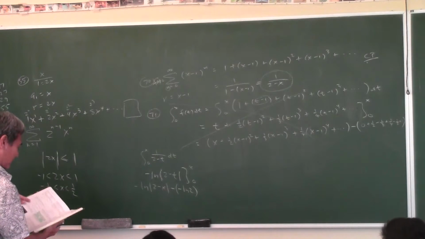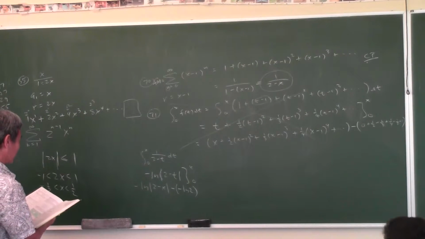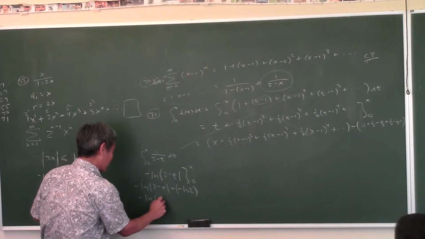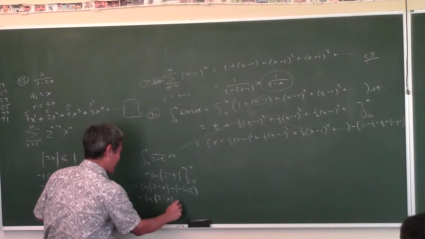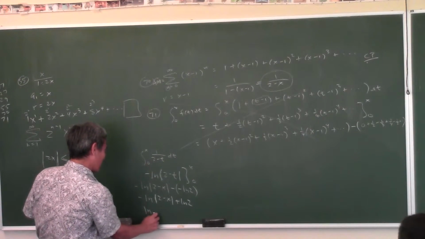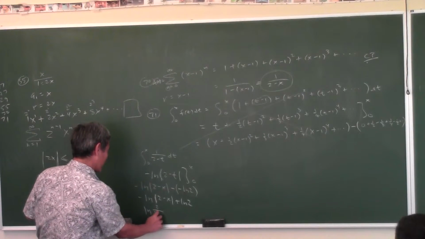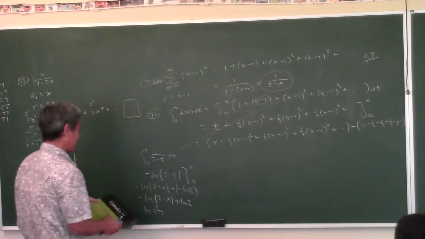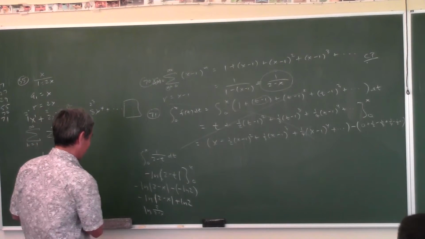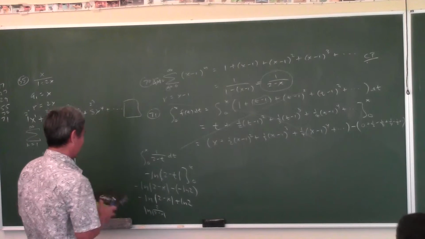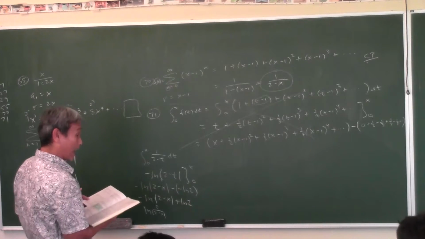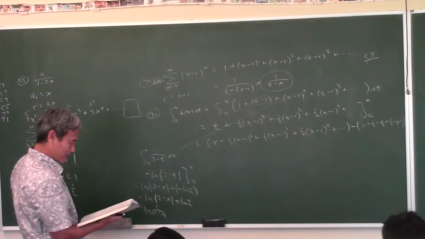Okay, what's the answer in the back? There's no answer in the back. Oh, I see what they did. So they got negative natural log of 2 minus x plus natural log 2. So using your properties of logarithms, isn't that natural log of 2 over 2 minus x? Did they just disregard the absolute values? Oh, there's an absolute value there. Okay, let's pick out the answer now.